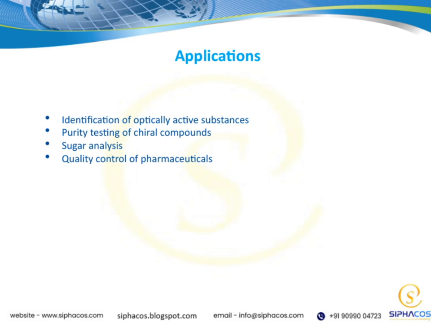It helps verify that the active ingredients are the correct stereoisomers, maintaining consistency and ensuring the desired therapeutic effects. Overall, these applications highlight how understanding and measuring optical activity is integral to ensuring quality, safety, and effectiveness across various industries.